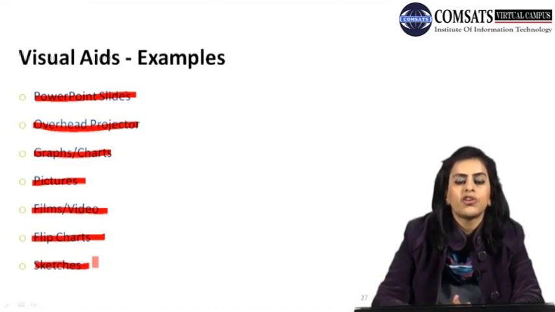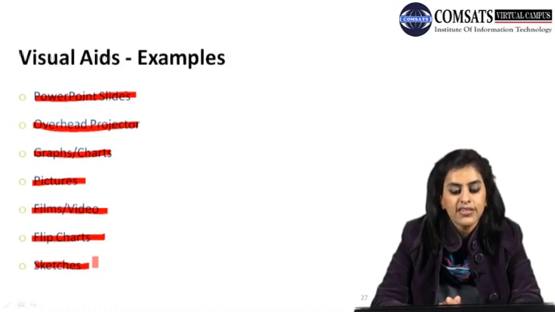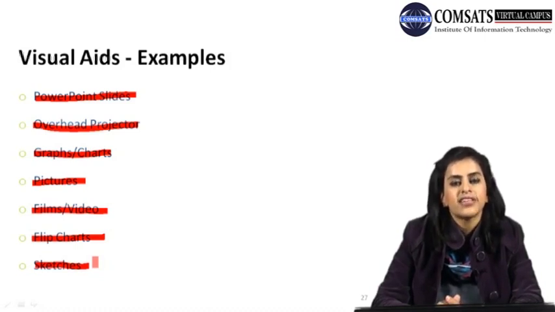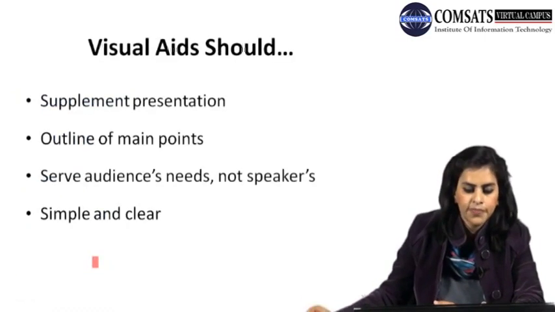Sometimes you can make use of sketches that have already been produced, and put them in your presentation. So these are some examples of visual aids that can be used for making one good presentation.